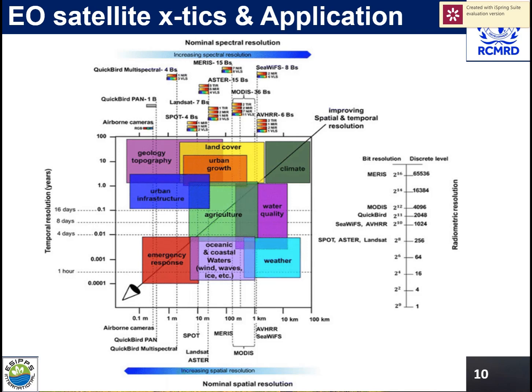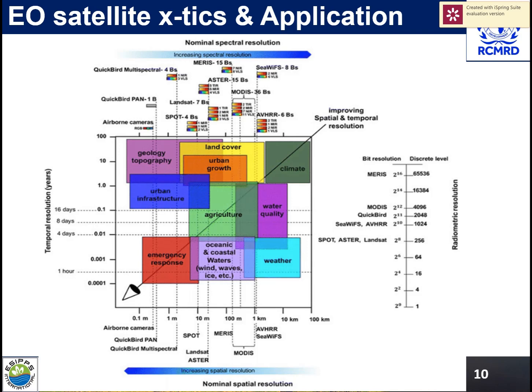For weather, you will need a satellite product with a low spatial resolution, but with a high revisit time, in other words, a temporal resolution of between 1 hour to 4 days, so that you will see the patterns of the change in the weather condition.